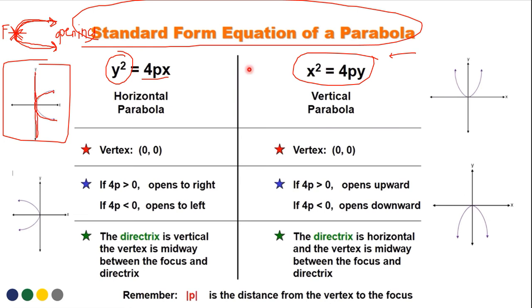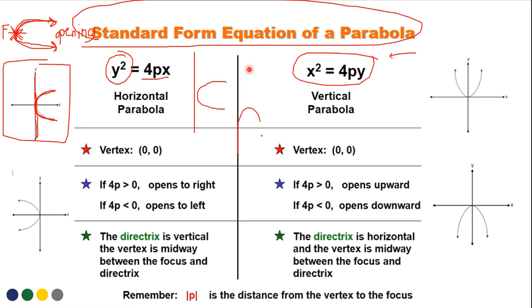Kung nakikita nyo, nakaharap siya sa y. Kaya yung y squared is equal to 4px. Okay? Sir, ano yung representation ng ating parabola? That is horizontal. Kasi nga, naka-squared yung y. Ibig sabihin, nakaharap siya sa y.